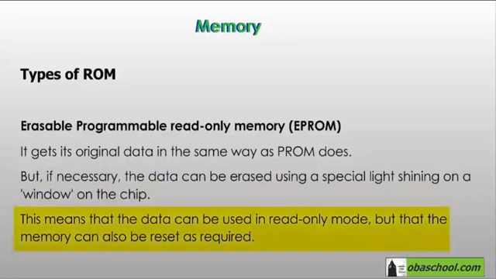This means that the data can be used in read-only mode, but that the memory can also be reset as required. So to conclude, both the PROM and the EPROM are in read-only mode. However, the PROM is permanent and cannot be reset, while the EPROM can be reset using a special light.